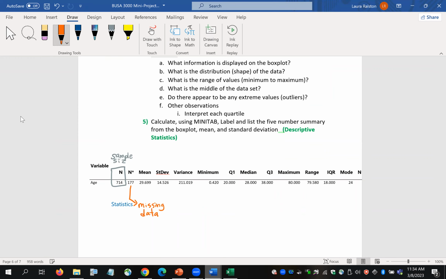In this particular problem, there were 177 passenger ages that were unknown. They weren't given. Maybe they didn't report it, or they just couldn't find that information. So you're missing. And when you're reporting or doing your own research and writing a report, you need to indicate that you maybe didn't use certain data because you were missing certain pieces.